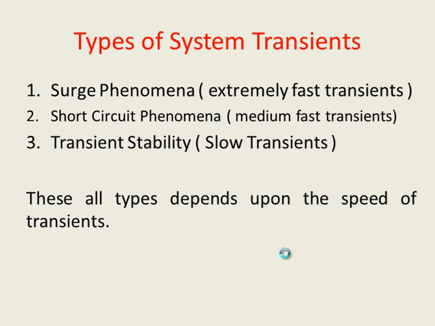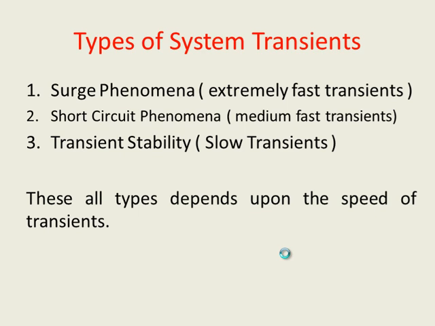Before that, I want to mention here, the classification depends upon the speed of the transients, and depending upon the speed of the transients, these can be classified as surge phenomena, that is extremely fast transients. The second one is short circuit phenomena, medium fast transients, and the third one is transient stability, slow transients.